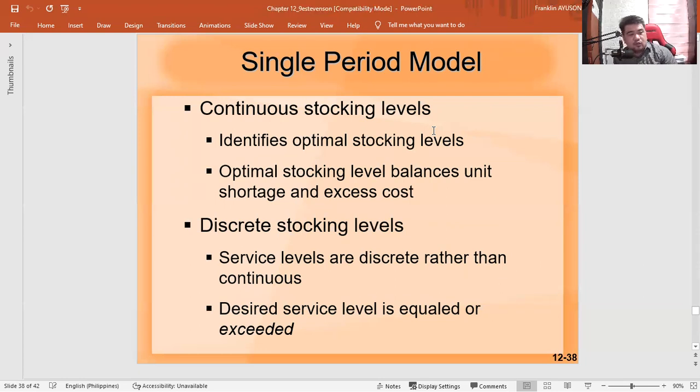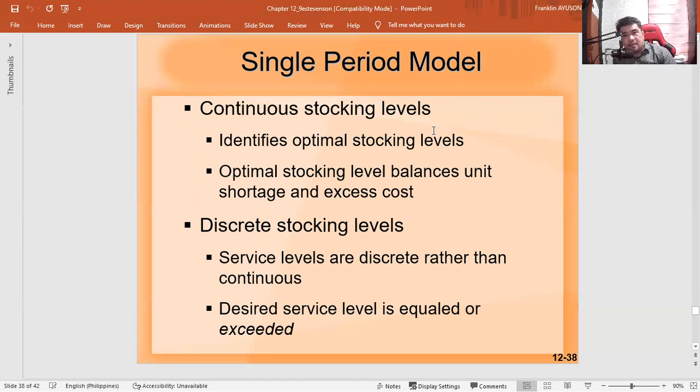It balances the unit storage with excess costs because again, these are prone to losses. And discrete stocking level, service levels are discrete rather than continuous. And of course, the desirable service level is equaled or exceeded.